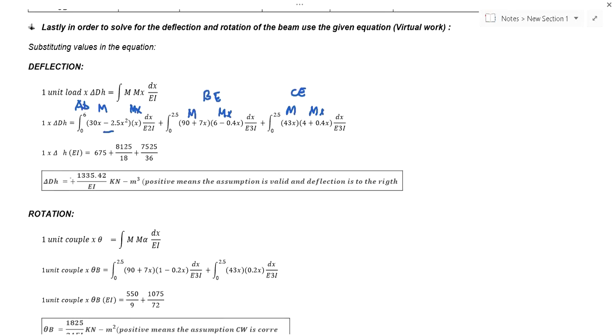Okay, tama. Okay. And calculating, our deflection horizontal at D is equal to positive 1,335.42 over EI. Okay. So the positive means our assumption is valid and our deflection is to the right. Yan yung deflection natin. Okay?